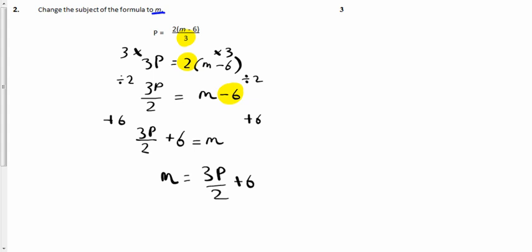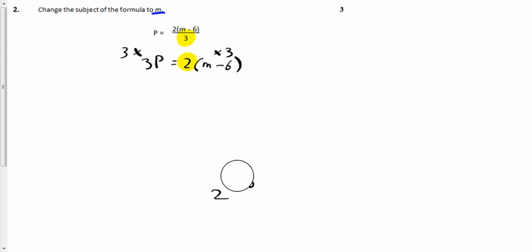Alternative way to solve this would be to get rid of the fraction as before, and there may be some of you that think I could multiply that out by 2, and that's a perfectly valid way to progress.